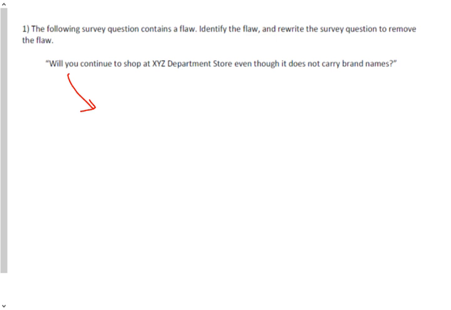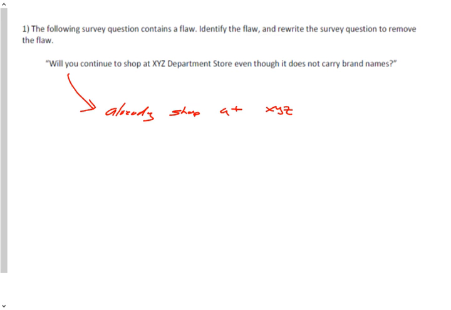Well, this survey would be given to people who already shop at this department store. So it's not surveying the entire population. You're just surveying people who already shop because they say, will you continue to shop? So understanding that, well, if I already shop at the store and I know they don't carry brand names, I'm probably going to continue shopping at the store.